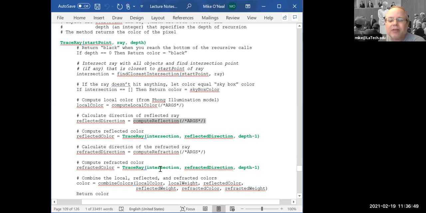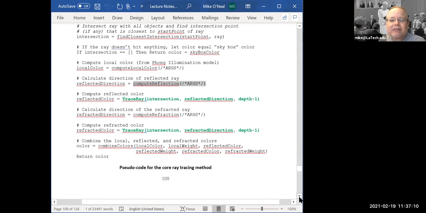You're going to trace the ray from the intersection point along the refracted direction. Oh yeah, and don't forget to subtract 1 from your depth again because you're going to go through another recursive spiral. Eventually, though, you'll get back. And when we get back to this level, we now have the local color, the reflected color, and the refracted color. So then combine them together using these weights that I talked about.